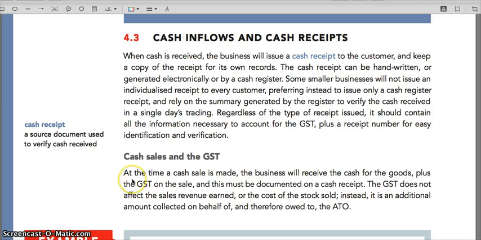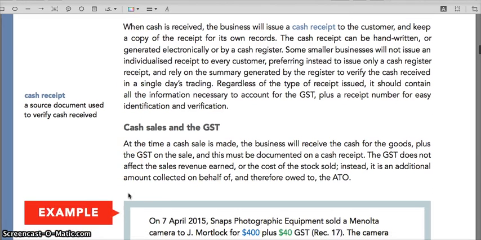Okay, so moving on to accounting for the GST with cash sales or cash inflows. The most important thing that we need to remember here, boys, is that at the time a cash sale is made, this needs to be written down: at the time that the cash sale is made, the business will receive the cash for the goods plus the GST on the sale.